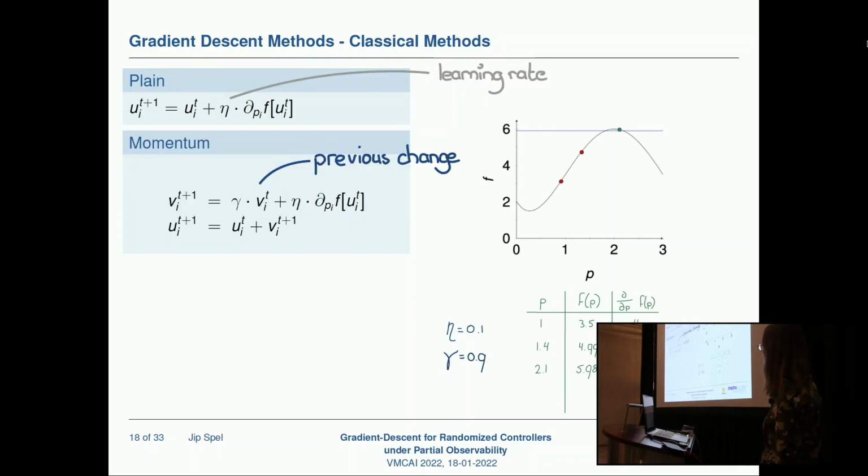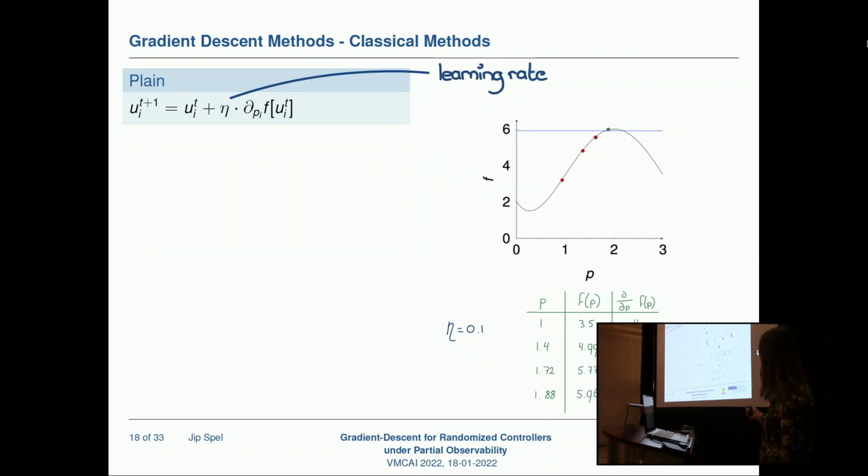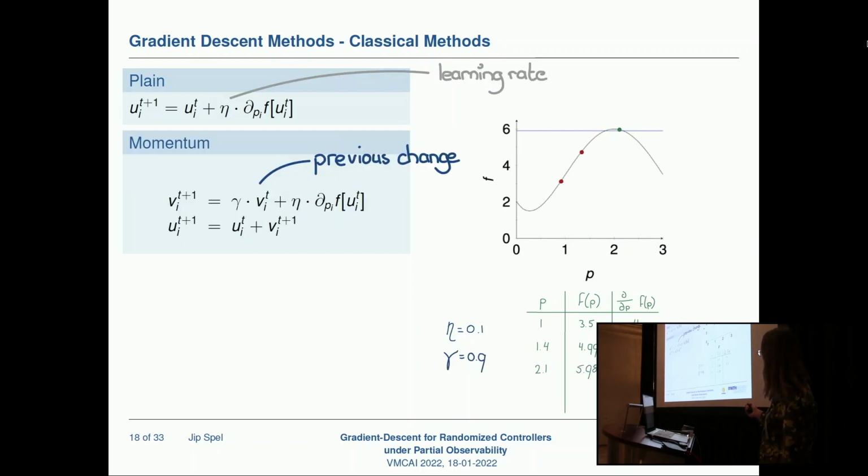Next, there is momentum gradient descent, where we don't only look at the current gradient, but we also look at the previous change, which we weight. As you can see, we now only need 3 checks, so to say. Here we had 4 dots, and here we have 3. And as you can see, it actually went over the real optimum.